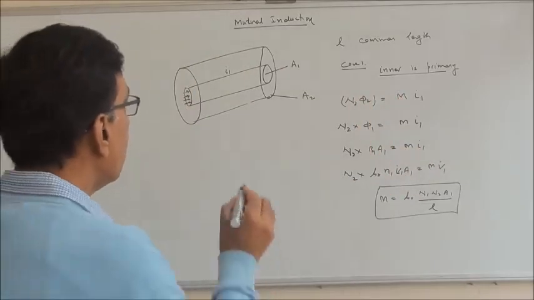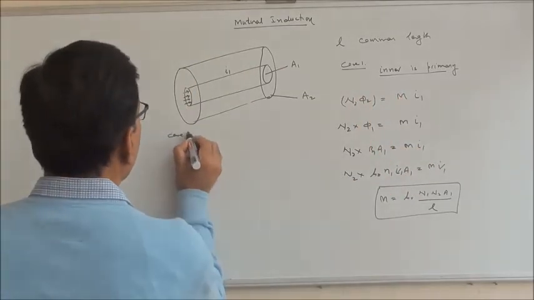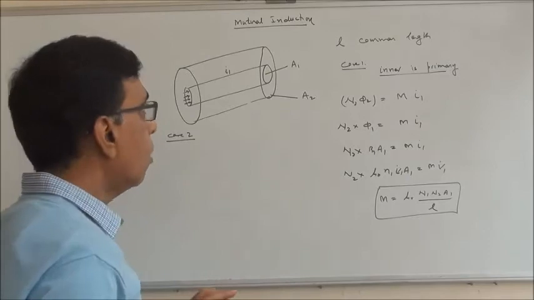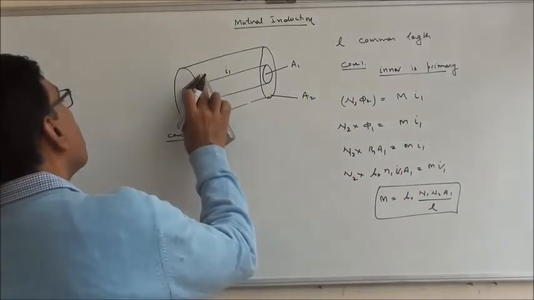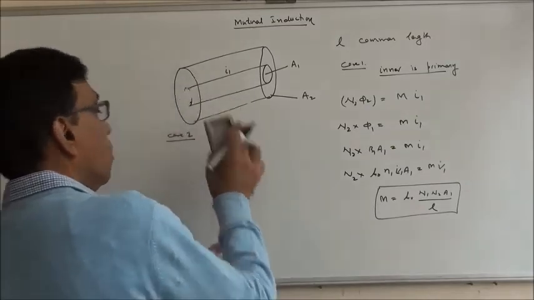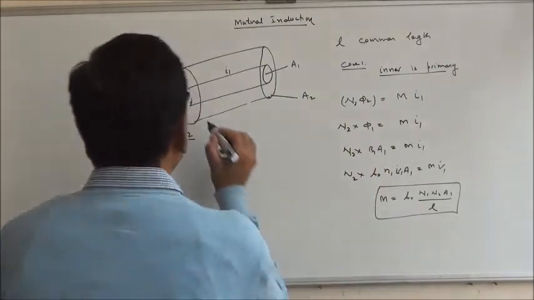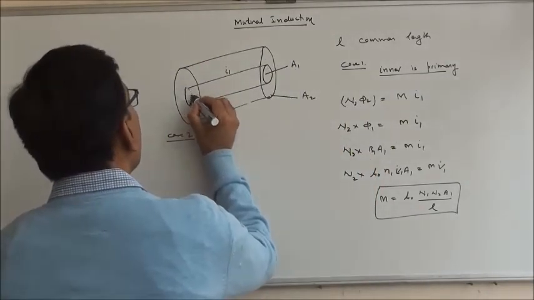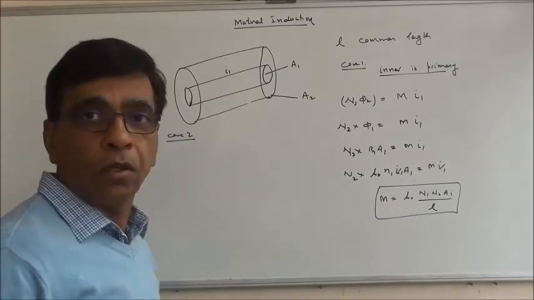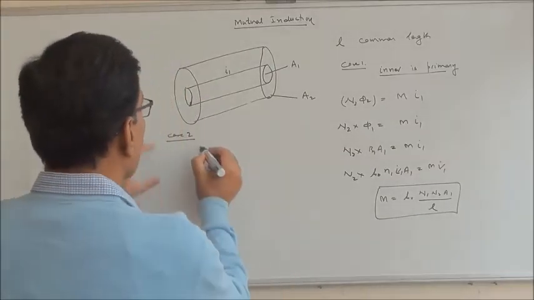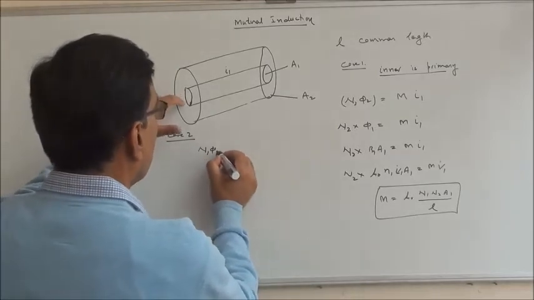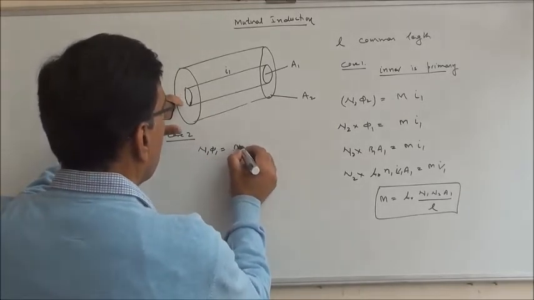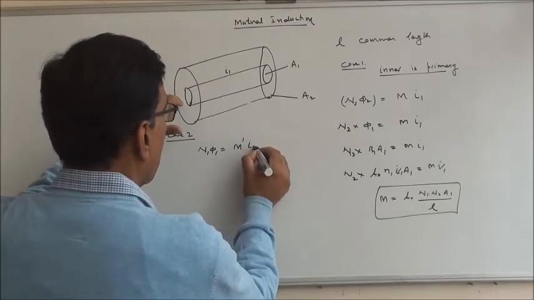Okay, now let's take the second case. Now the outer one is the primary, so the source of current will be connected to the outer solenoid. In that case, what is the flux? We have to find out now for the inner one. Let us call it M dash I2.